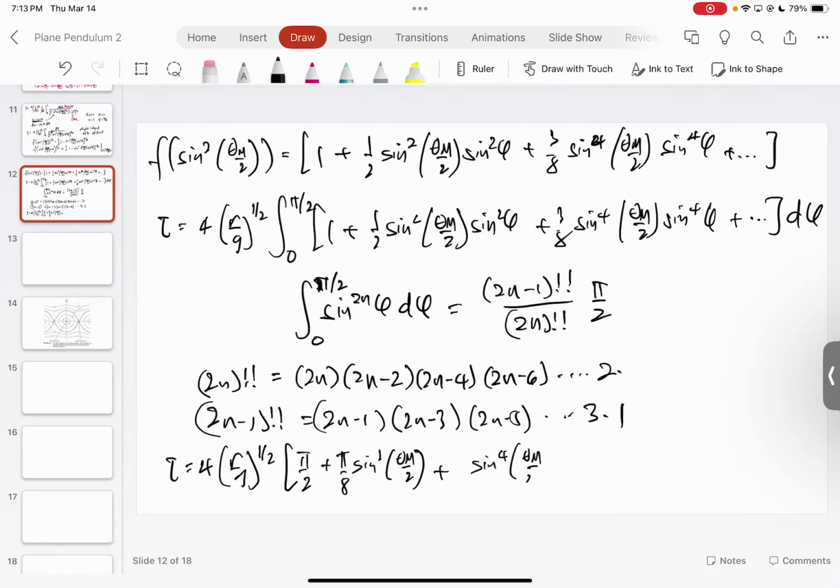So, theta sub m over 2. And the coefficient you get there is 9 pi over 128, and so on and so forth.